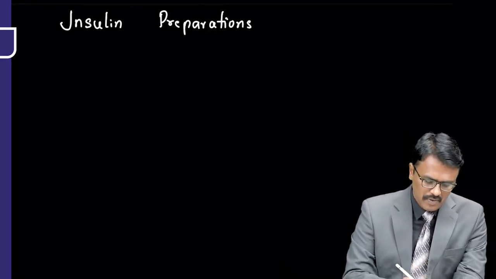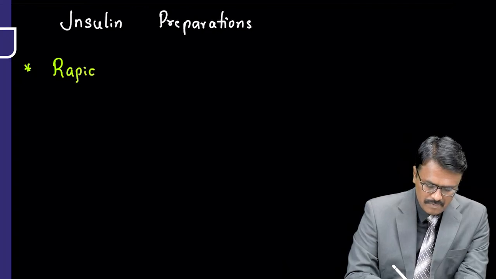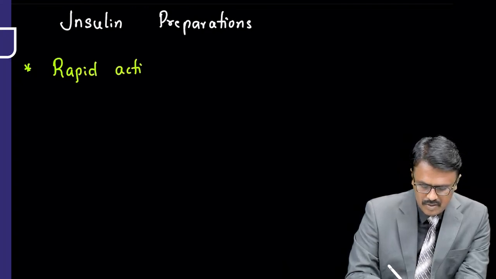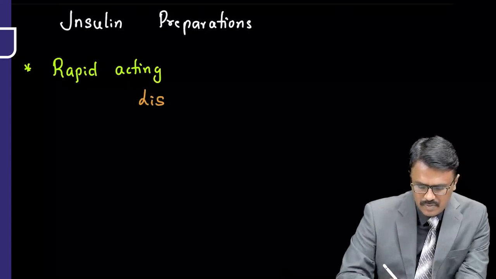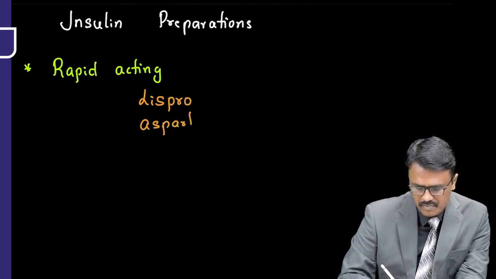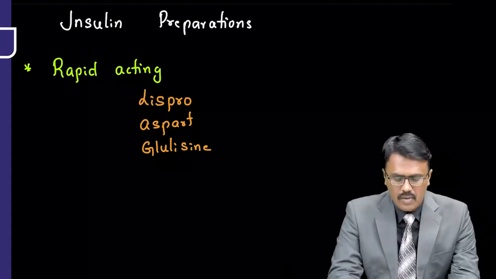The insulin preparations we have, number one, are the rapid acting insulins. What are these rapid acting insulins? They are Lispro, aspart, then glulysine.